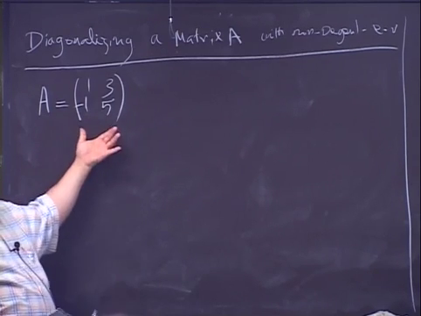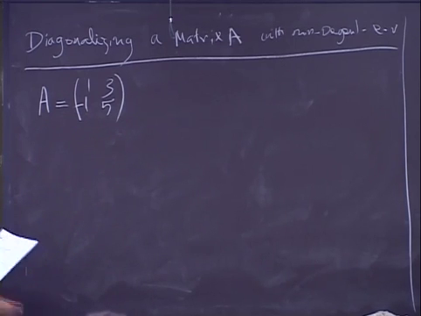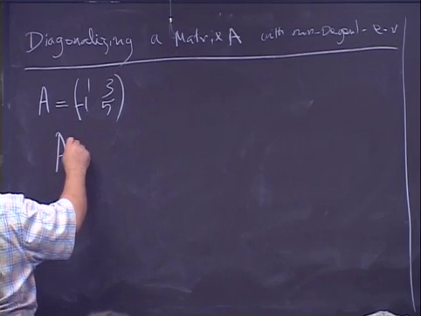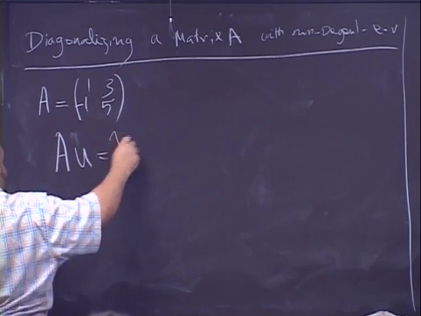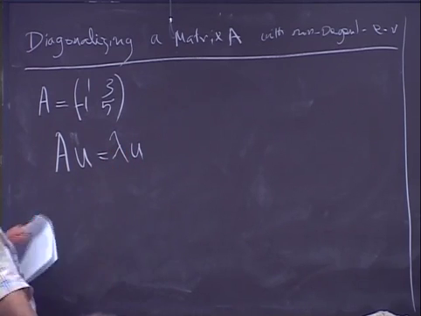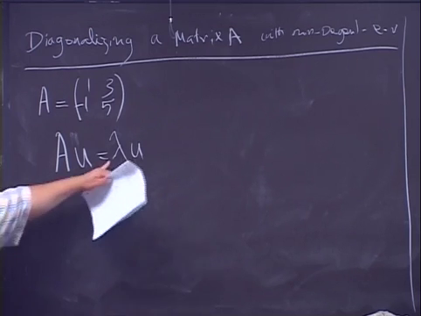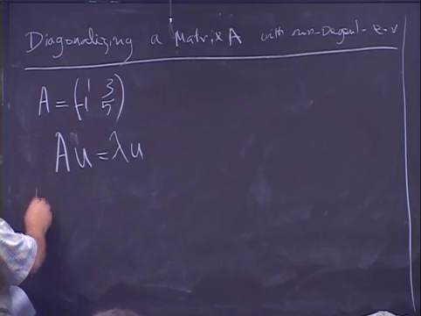This is not a sparse matrix, this is just 2 by 2, but this is just an example to show you how to diagonalize this matrix. So we know that the eigenvalue problem is A u equals lambda u, where u is the eigenvector of the matrix A, and lambda is the eigenvalue of the matrix A. So what is the determinant of A?